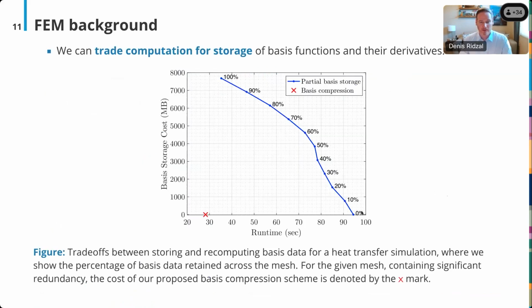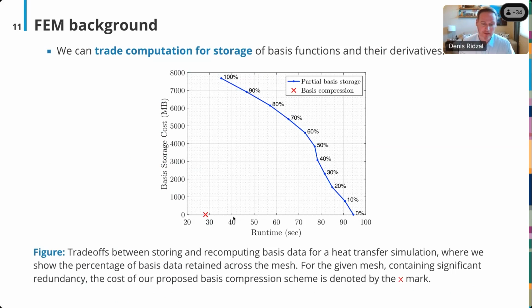We ran a very simple comparison in a Sandia code called Mr. Hyde, where we played with this trade-off between computation and storage. And here what we did was we stored, let's say 100%, 90%, all the way down to 0, finite element basis functions in physical space.